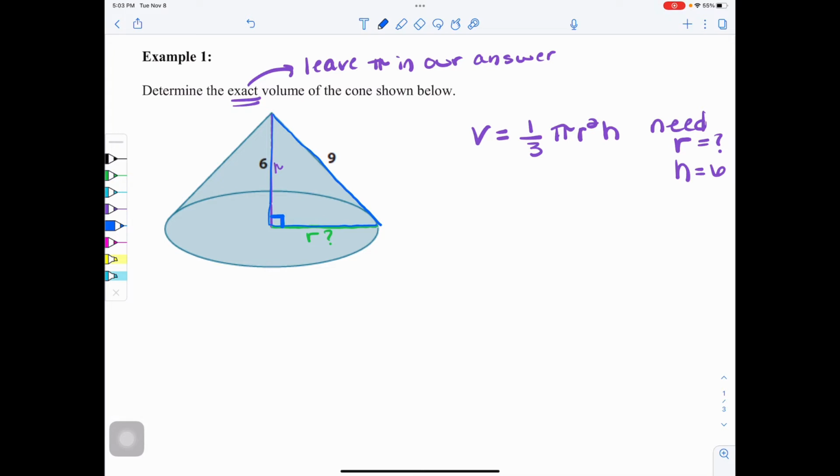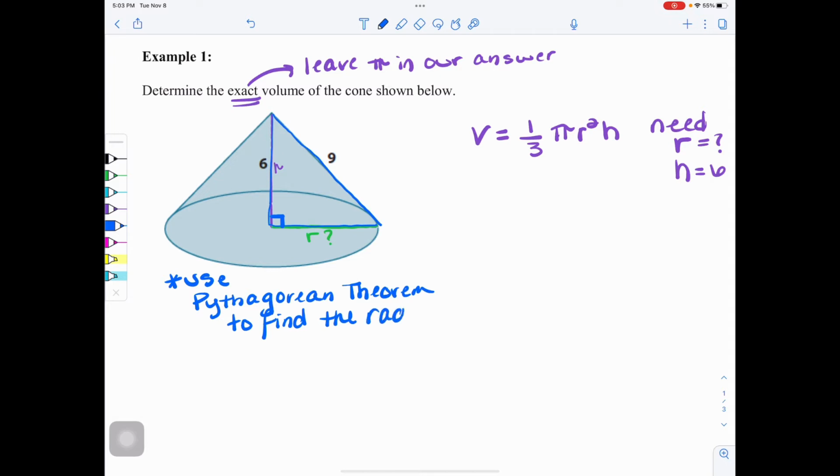So that means we actually are going to have to use Pythagorean theorem to find the radius.